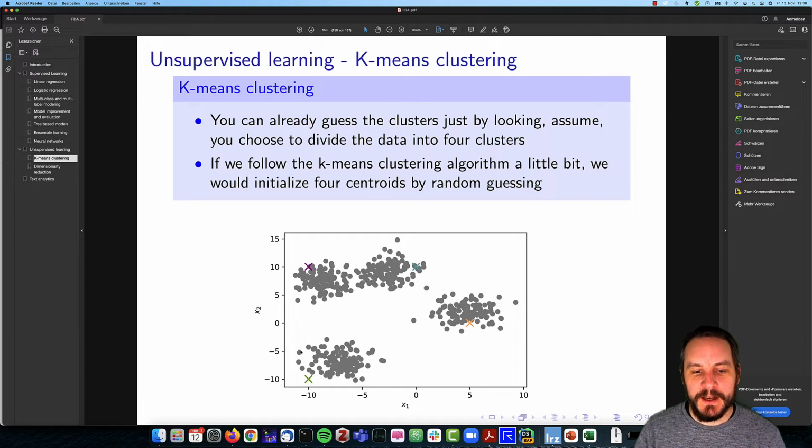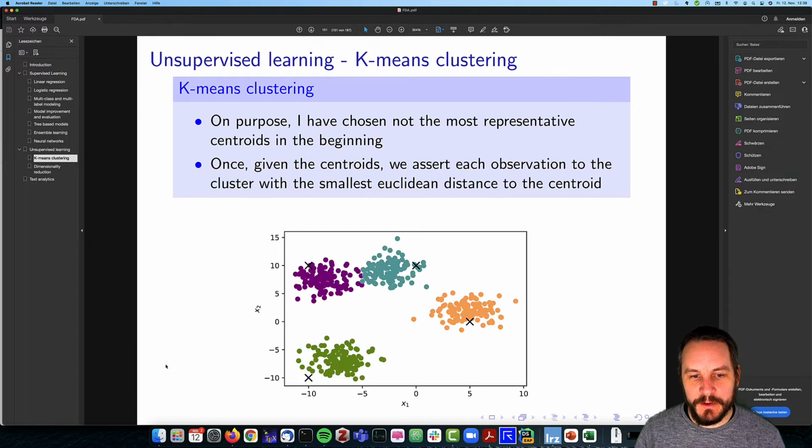So obviously that would be the green one here. More or less all those points are asserted to the green here. Then especially those in this area are asserted to the cluster with the purple centroid, and the blue one and the orange one are the same. So if we do it like this, then it would look like this.